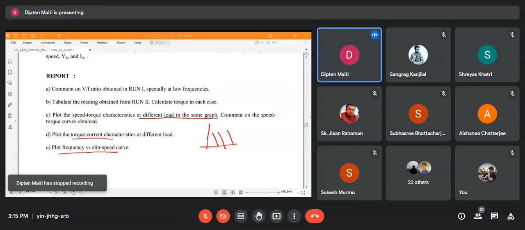Okay, so thankfully everyone understood everything. No question here. I would send you the data for this experiment, I hope by tomorrow evening, and you would get 7 days after I send you the data to submit the lab report.